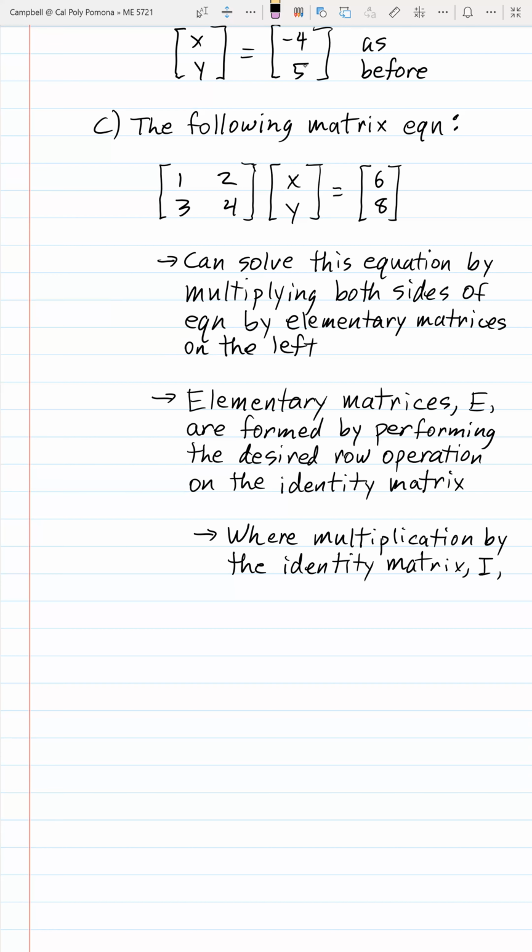Remember, it was a definition. So where multiplication by the identity matrix I, as does all identities, simply returns the subject matrix itself. So let's get that down. The subject matrix.